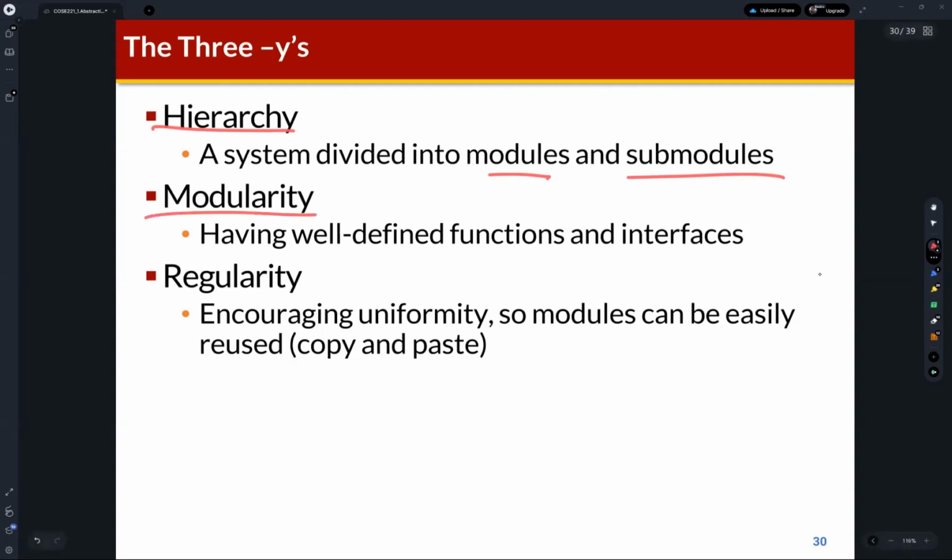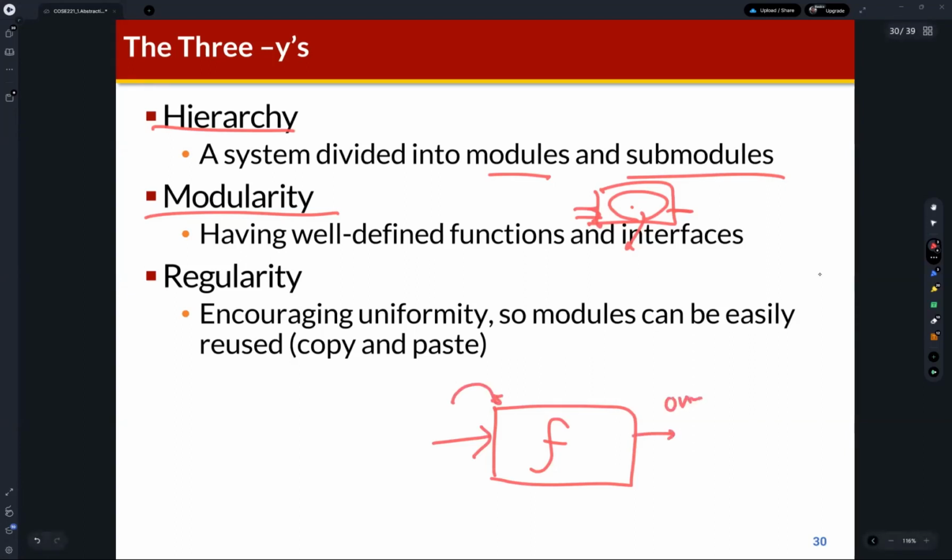And then modularity. Modularity means that we can define a certain block or unit using the functions of this unit and its interface. Interface means the input and output signals of this module. For example, it looks like a black box with this function. If input signal or input data is provided into this module, output is generated.